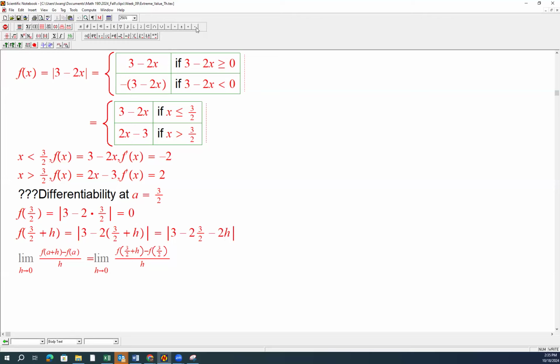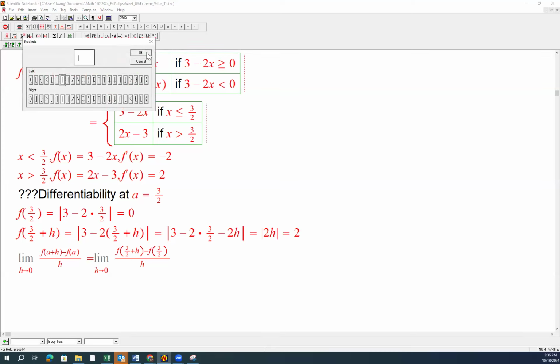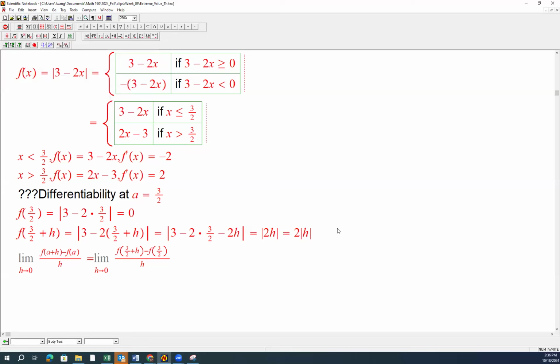This is the multiplication, and this makes 0. So over here, we will have the absolute value of negative 2h. The negative sign can be dropped. This is essentially 2 times the absolute value of h.